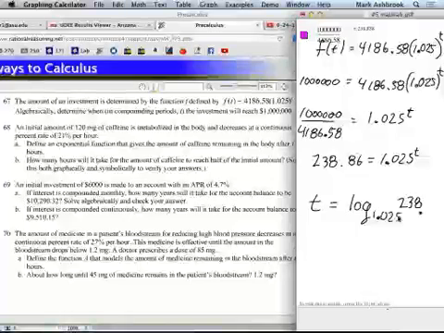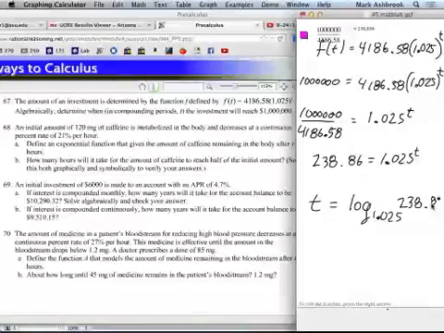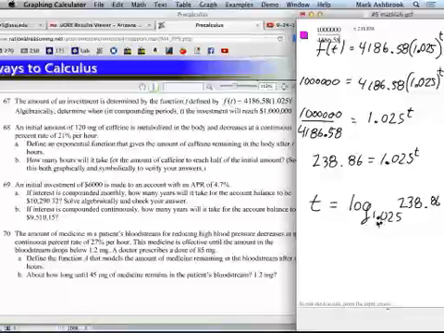It's an easy mistake to make because this is down lower and it's not the exponent of this. It's easy to think that because of the way it's set up. But this is not an exponent of this. So the whole thing is the exponent of 1.025 that gives 238.86, which is exactly what we want right there. How are we going to solve that? We don't have a 1.025 log button on our calculator. So we'll do log this time. 238.